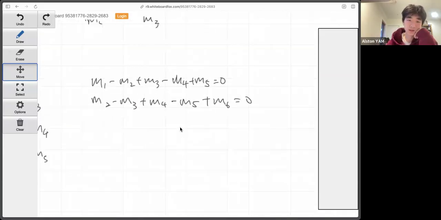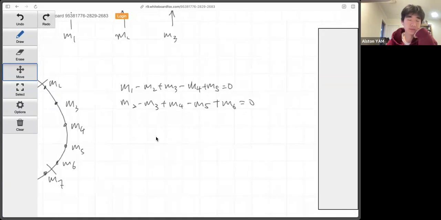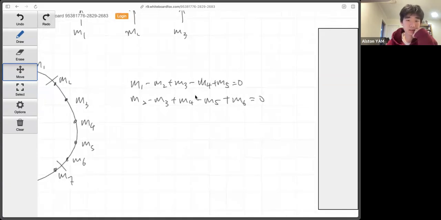And the reason I did that is because there's a maximum number of overlaps between these two, and that makes it really easy to work with because I can cancel all of these, right?